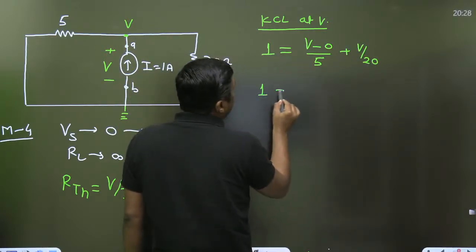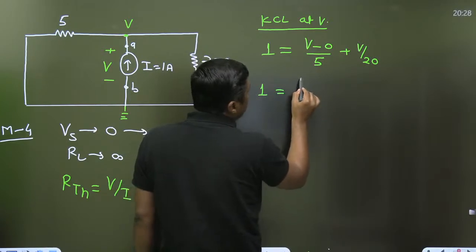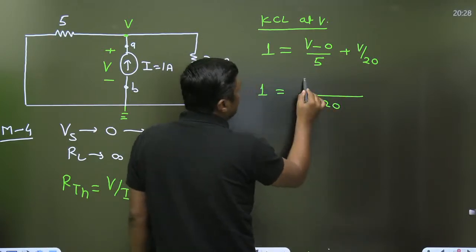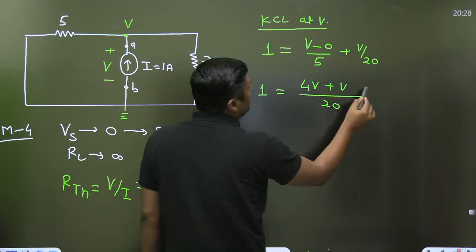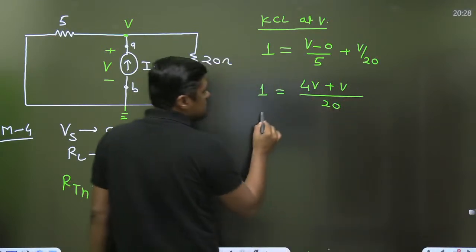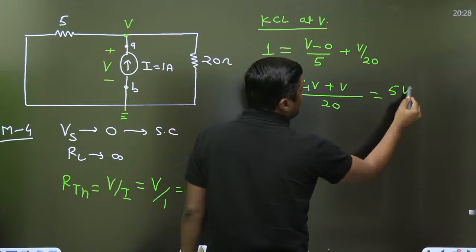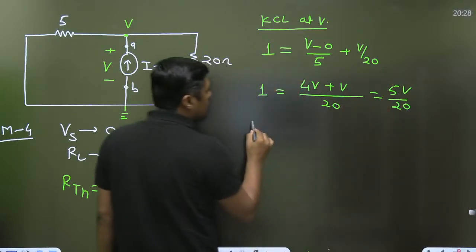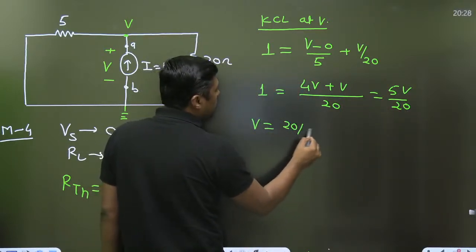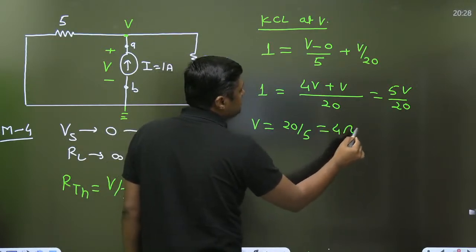I am taking 20 as LCM. It will become 4V plus V, right? And that is 5V by 20. So V is equal to 20 by 5, that is nothing but 4 ohm.